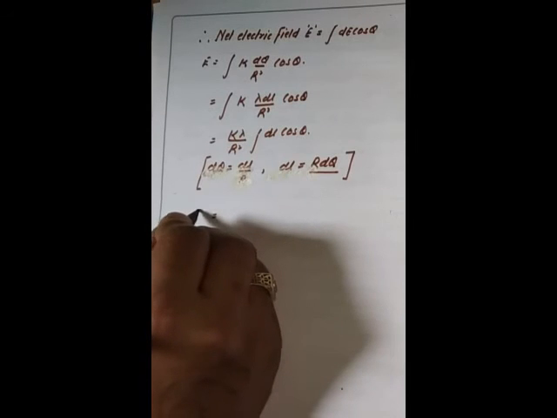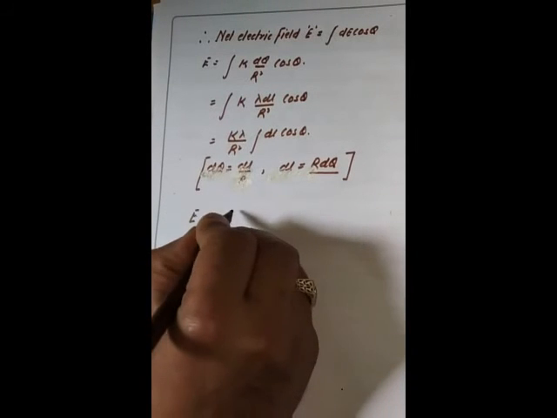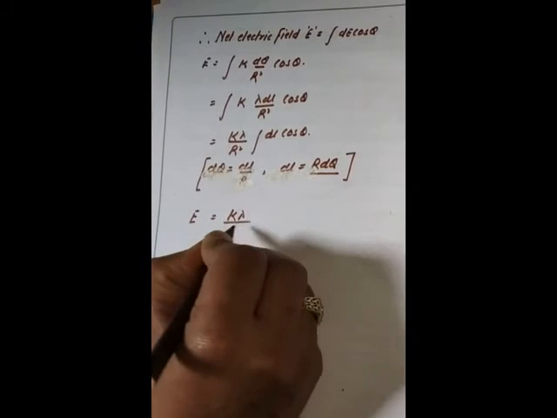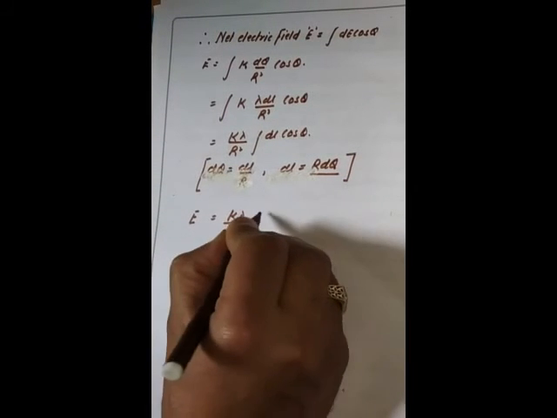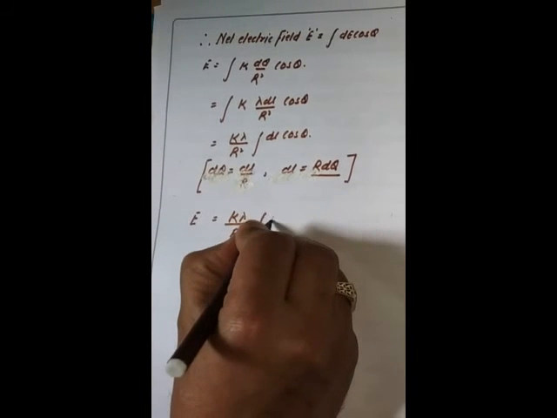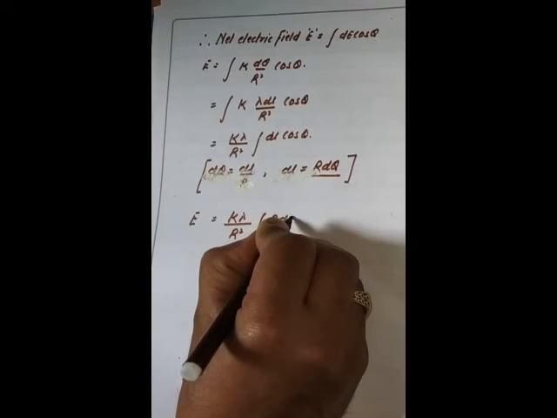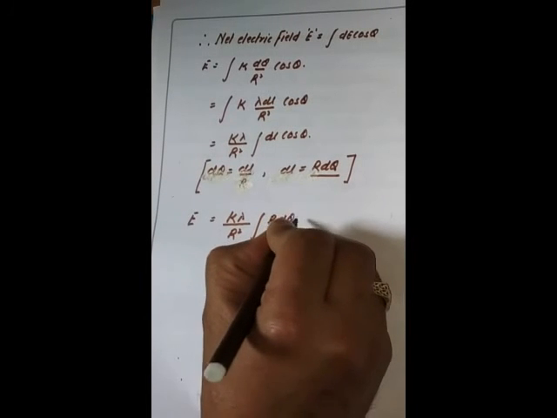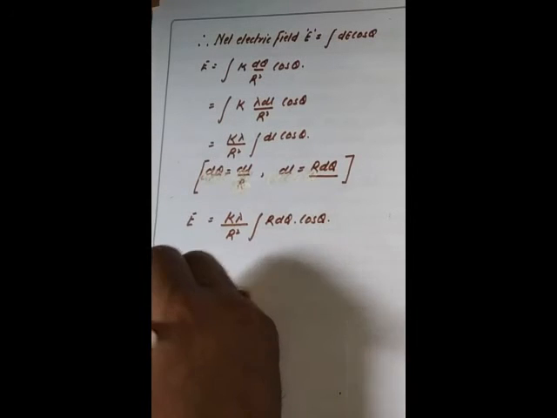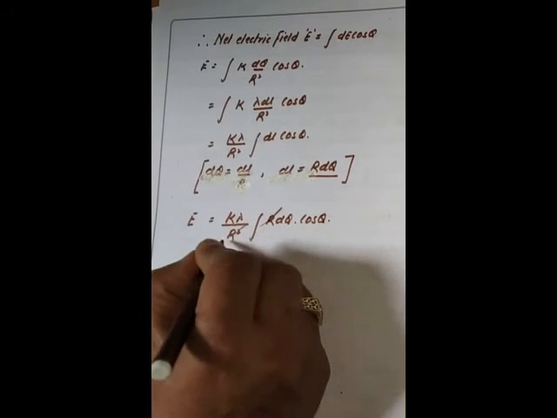So electric field E equals k lambda upon r square integration, in place of dl, r cos theta. So r will be cancelled out by r square.